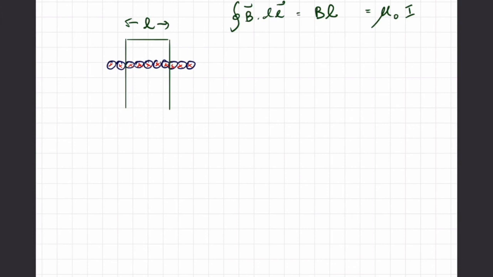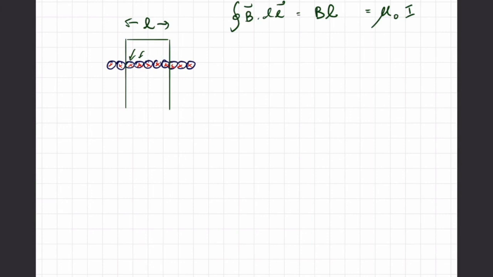But this I is the total current that is passing through the loop created by us in the beginning. There's not only a single wire going through, right? If you look at the diagram here, we have 1, 2, 3, 4, 5, so we have 5 times the current.